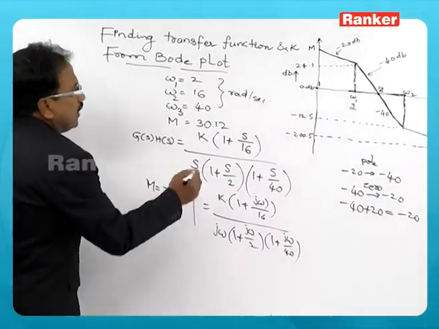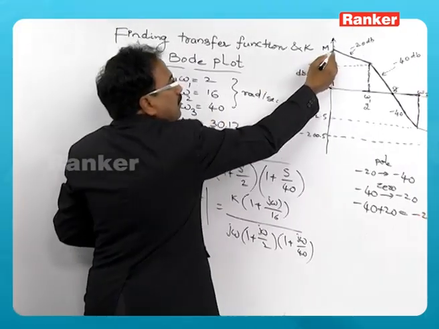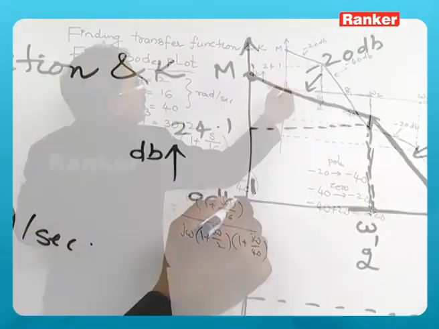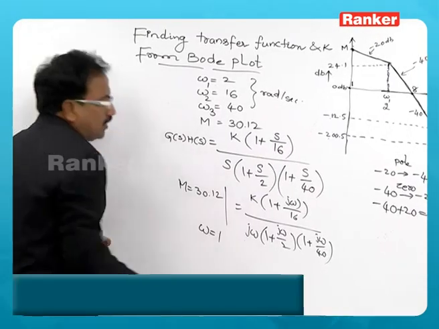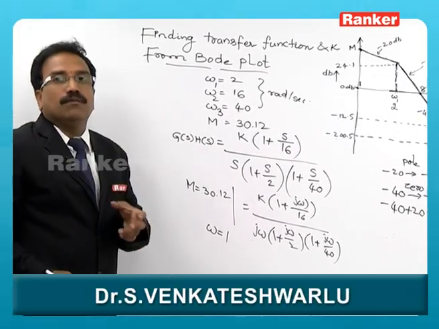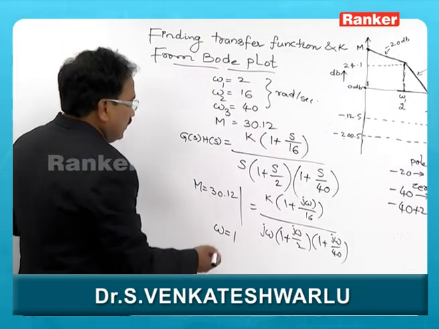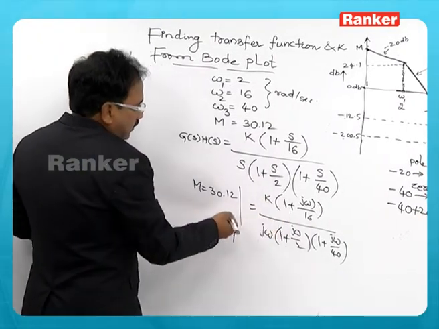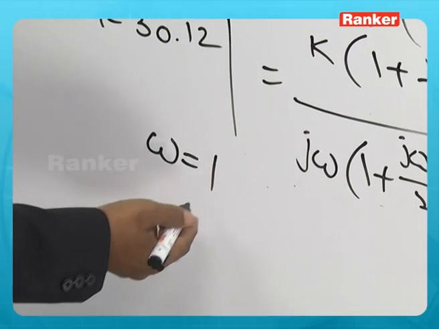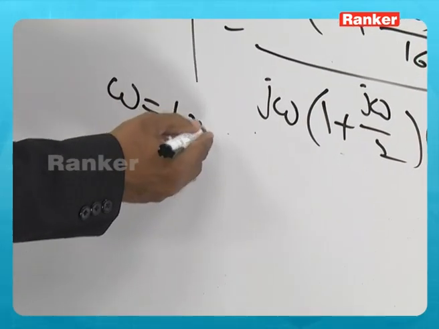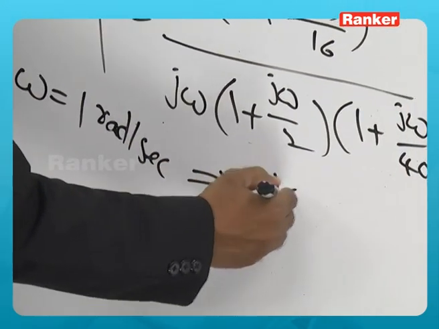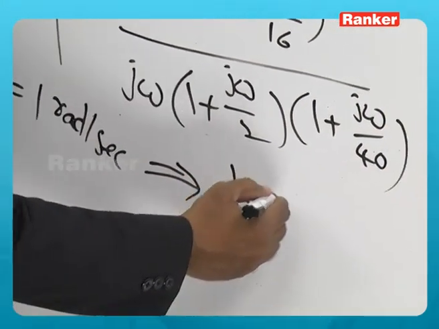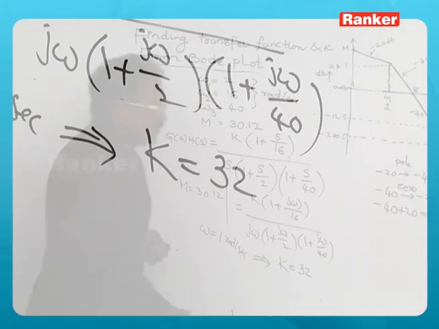Now, that magnitude M of 30.12 is at 1 radian per second. So, substitute omega equal to 1 in the magnitude part. This function is equated to 30.12, and substitution of omega equal to 1 radian per second gives the value of K as 32.